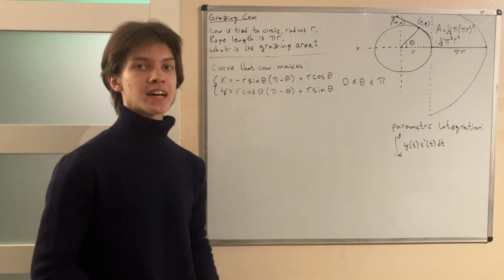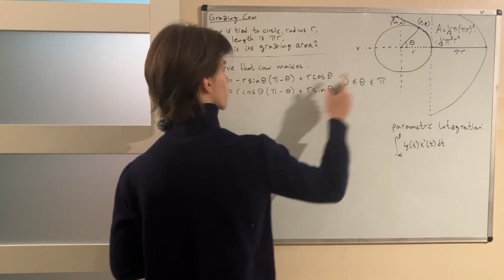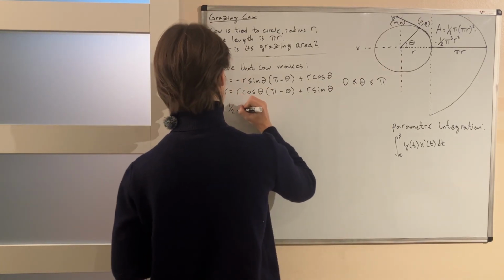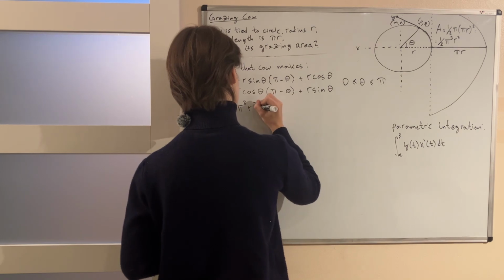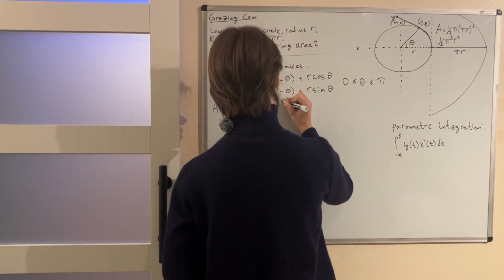So combining all of that, we get the area, which I will call A, to be first one half pi cubed r squared. Then removing the circle, we get minus pi r squared.